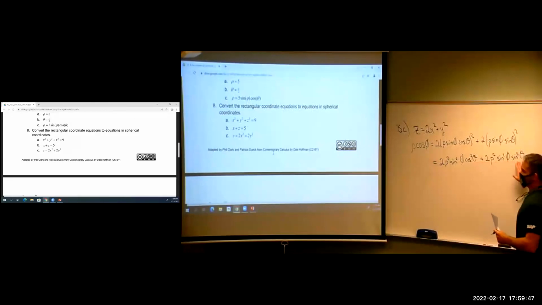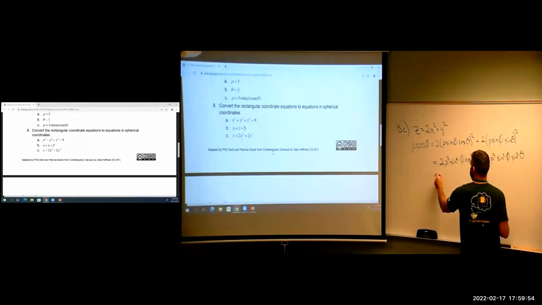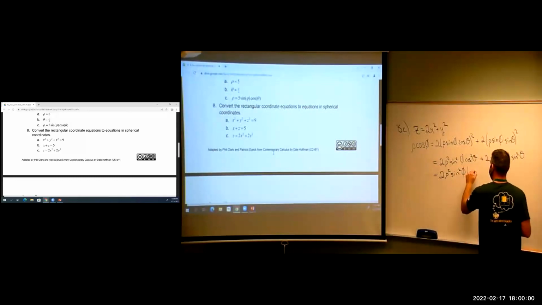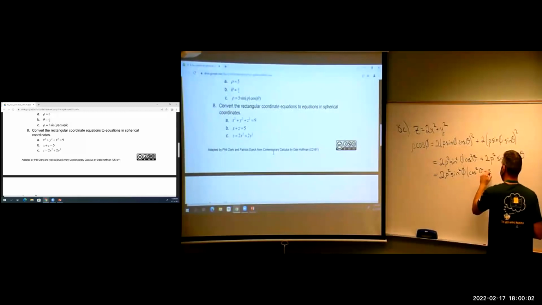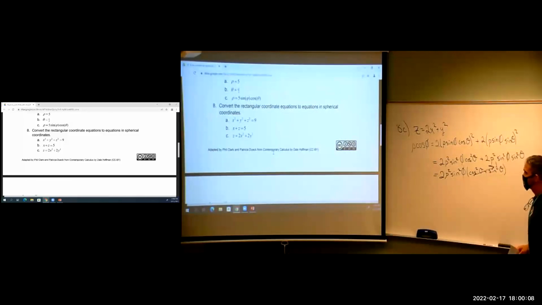So we've got a cosine squared and sine squared, right? This is going to happen a lot. It's going to help us simplify. So we're going to pull out the 2 rho squared sine squared phi out of both of those, and we get left with cosine squared theta plus sine squared theta, which is just 1. That's our Pythagorean identity.